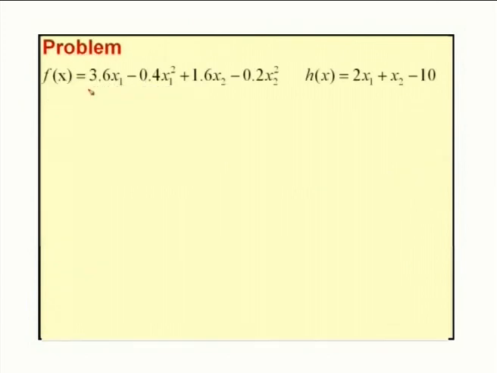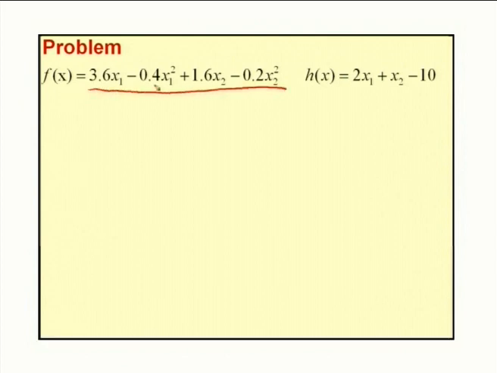Now, for the given problem, our f of x is 3.6 x 1 minus 0.4 x 1 square plus 1.6 x 2 minus 0.2 x 2 squared, and the given constraint g of x is 2 x 1 plus x 2 less than or equal to 10.